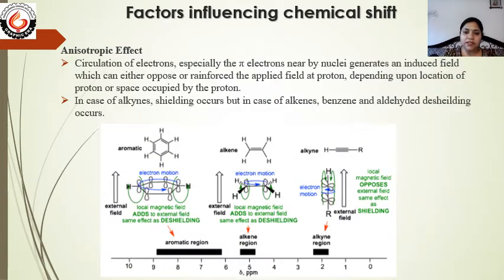Next is anisotropic effect. This is a very interesting effect, and also a very important effect. Anisotropic effect says especially about the pi electrons' effect near the nuclei. In the previous electronegative effect and plus I effect, we talked about the sigma electrons, but here the pi electrons also affect. If there is some double bond, the electrons associated with that double bond also shield or deshield the nuclei.